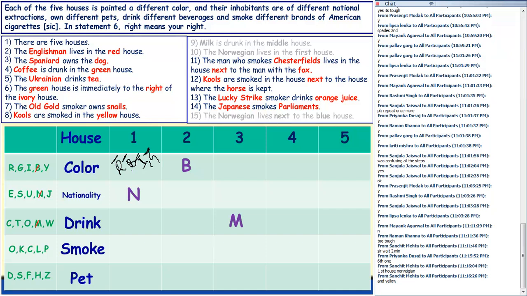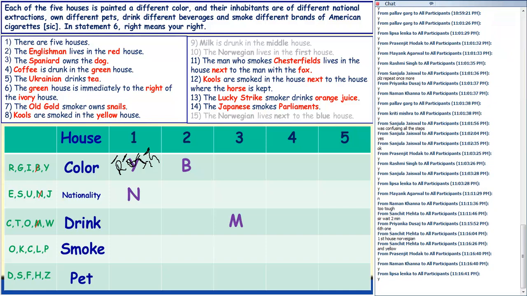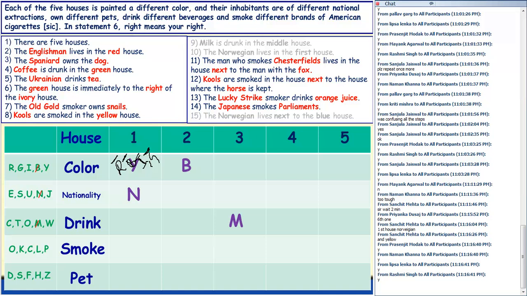Is that clear to all of you? Please tell me, otherwise nothing further will make sense. It's a tough one. The first house must be of yellow color. For one thing we are sure. Now, yellow color. Now look at statement 8.